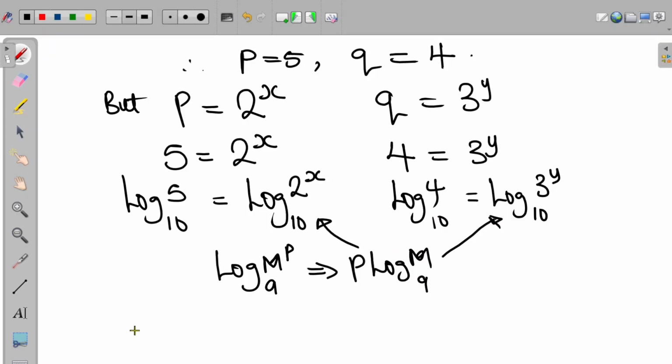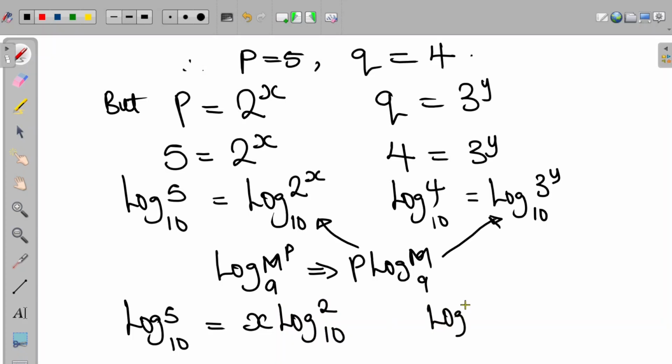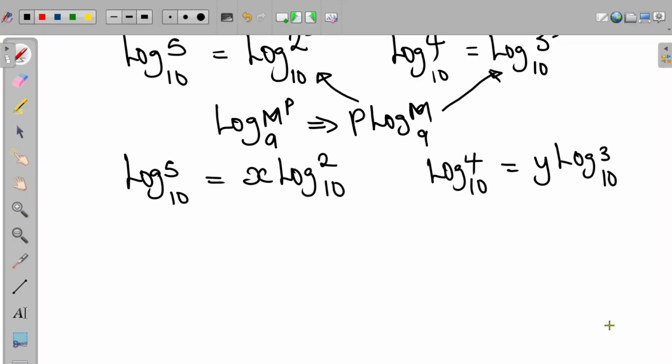So we now have log 5 to base 10 is equal to x multiplied by log 2 to base 10. And also we have log 4 to base 10, which is now equal to y multiplied by log 3 to base 10. So let us make x the subject.